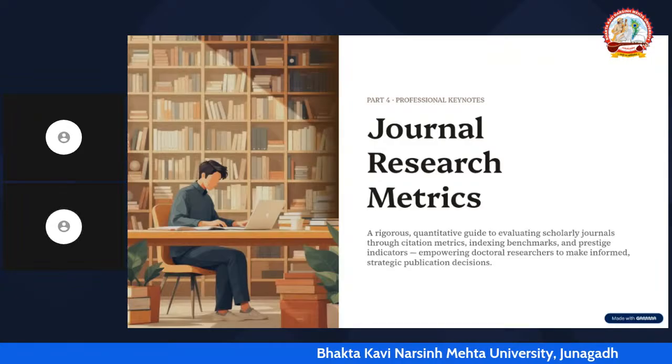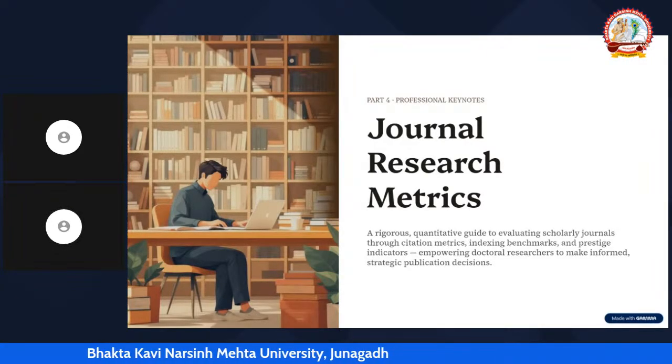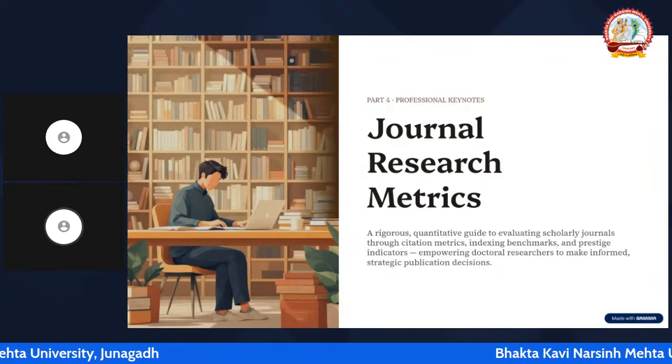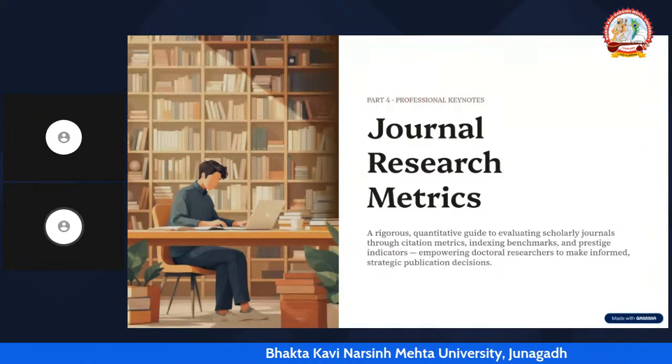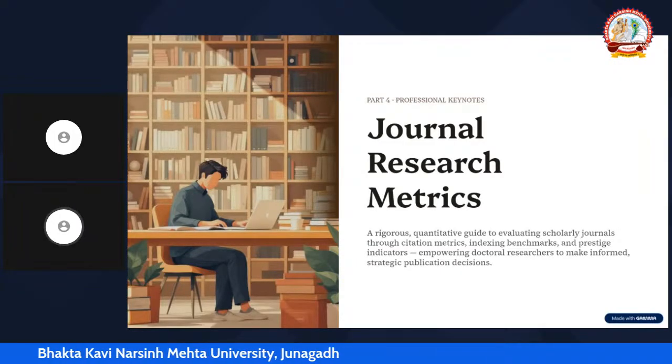Exactly, the journal research matrix denotes which kind of indexing, which kind of benchmarks, which kind of publication are available with this journal. This is all about the research matrix.